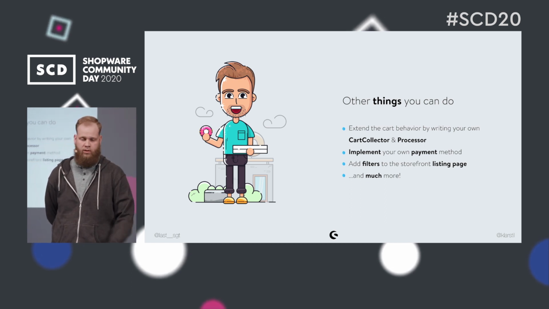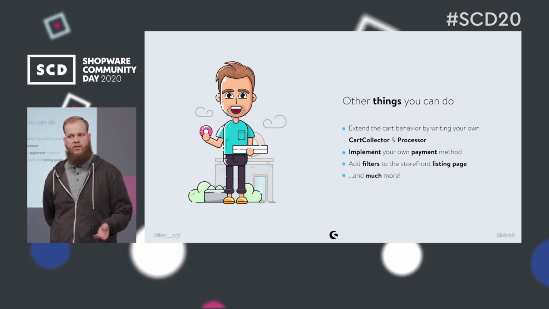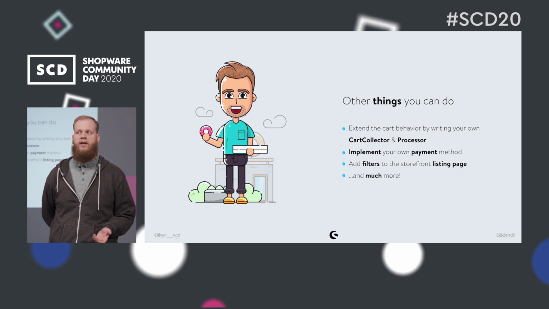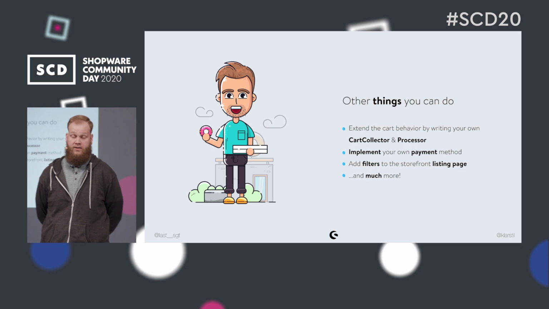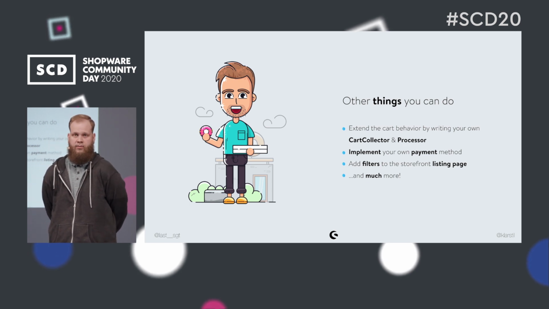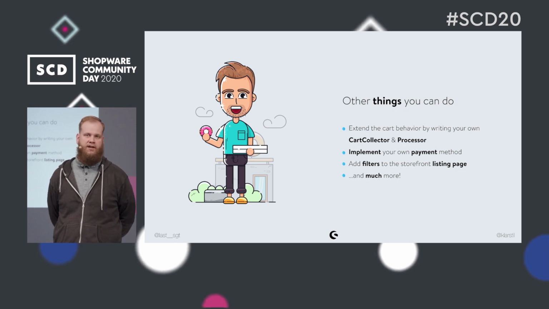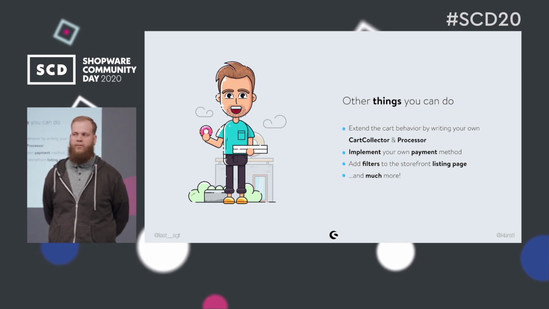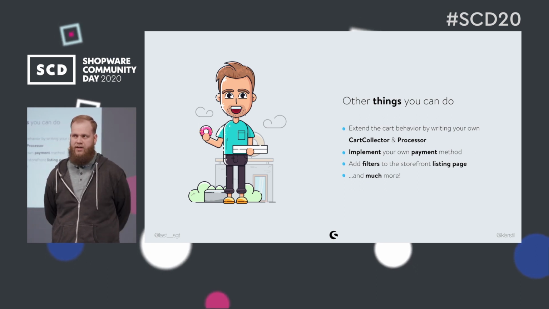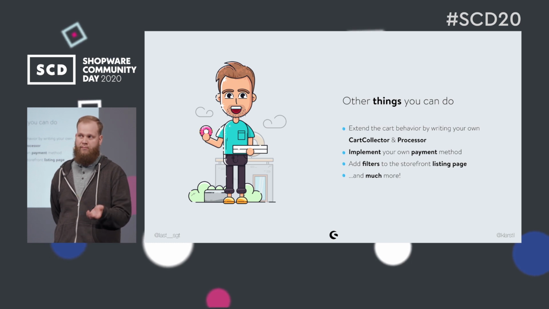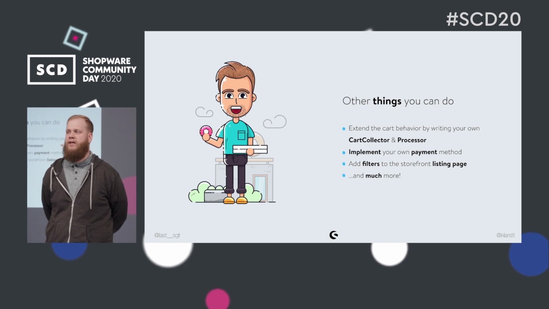Maybe you can think of a way that normal product handling in the cart is just not enough, and you want your own handling or want to enrich the handling of a product. Do it. It's there for you. Just write your own collector or processor, register it in the DIC, remember to tag it, and the right tag you will find in the documentation of Shopware, and you are done. Of course, it's not a really beginner-friendly or easy topic, but it's there for you. Go try it out. Have fun.